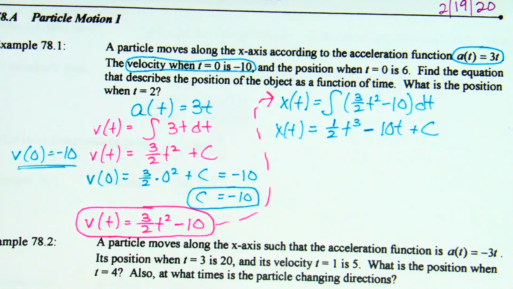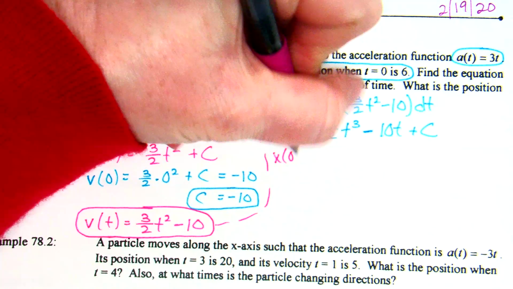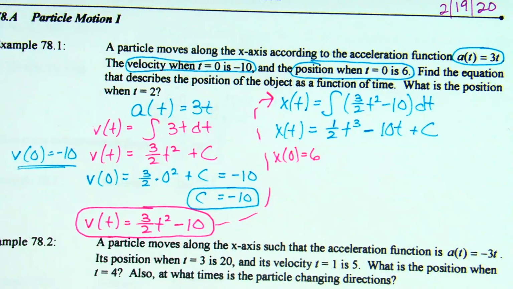What are we told up above? Position is 6 when t equals 0. So officially that means x of 0 is 6. Since it's time 0, your c is just going to be 6. Again, how do you do it if it's not like that? Plug it in.